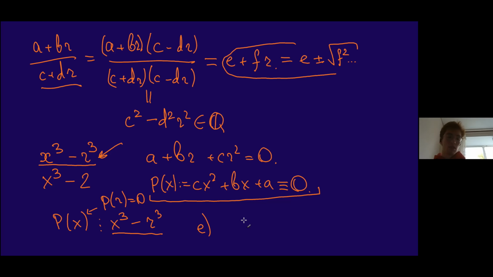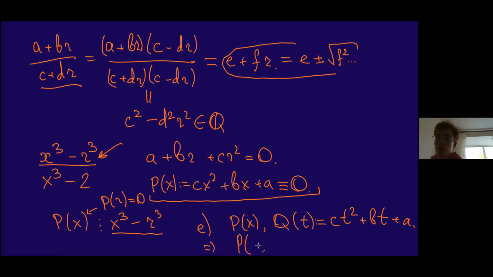which is the following. Let us denote by P the polynomial from the statement, and let us denote by Q of T the polynomial equal to CT squared plus BT plus A. Then we have P of Q of r equal to 0.